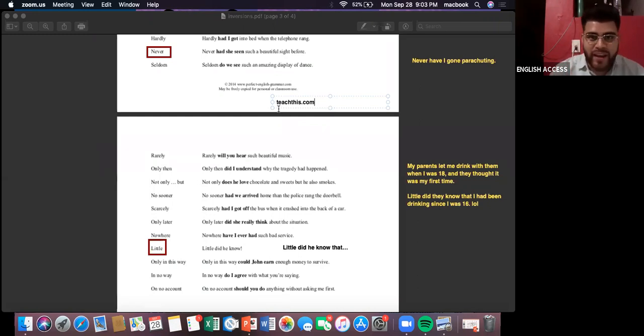It has a hyphen right here. Teach This is really cool because you can download not PDFs but activities like board games, fill in the gap, crossword puzzles. It's really cool.